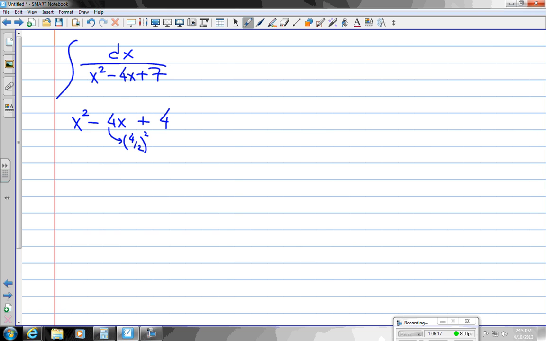But I can't just add 4 randomly, I also have to subtract 4, so I make sure I don't change my original problem. So in reality, I'm adding 0, which is totally fine. So that means this thing becomes x minus 2 squared plus 3.